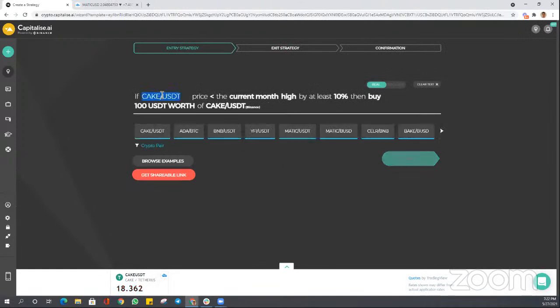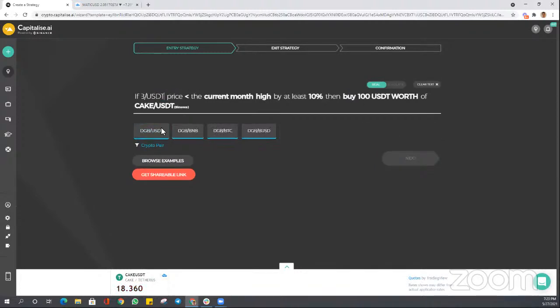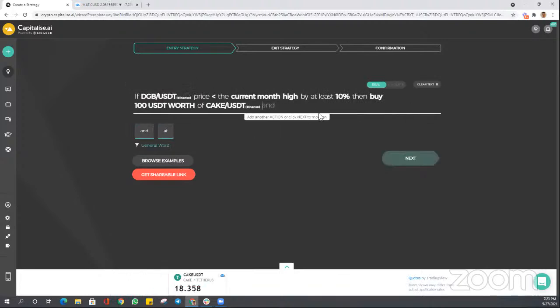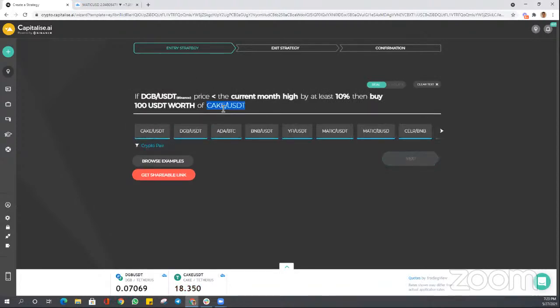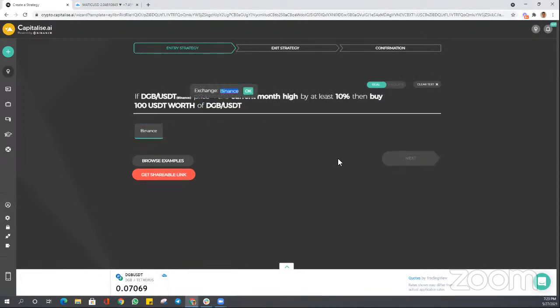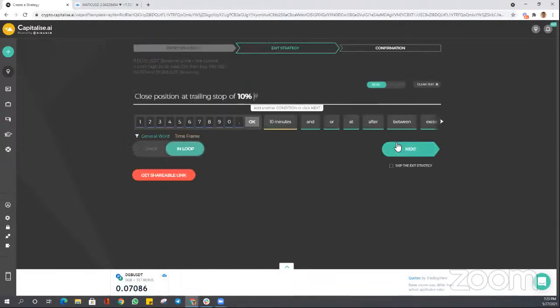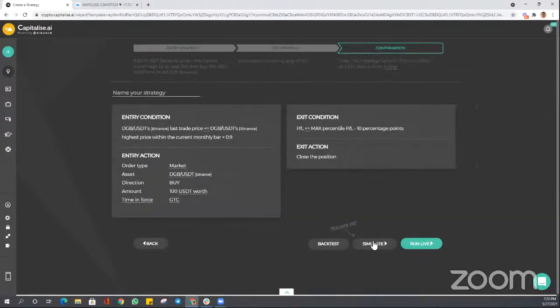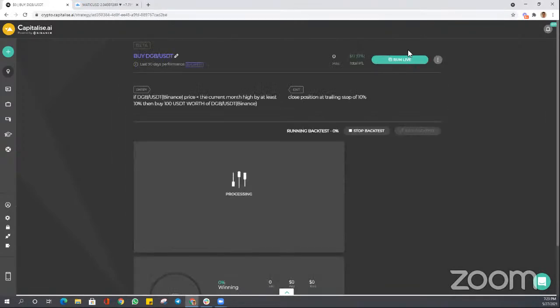You should be able to run them, and it shouldn't take too long. By the time we finish this, which will only be a couple of minutes, we should have some results from the earlier ones that we did. If you're noticing it really slow, guys, screen record it and send it to me at support@capitalize.ai so we can take a look at it. Thanks, Chris. Okay, so we've done that, and let's test another 2.